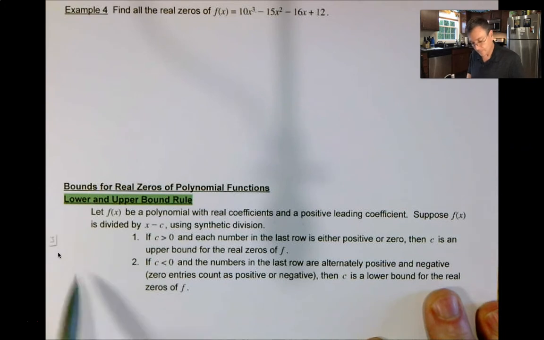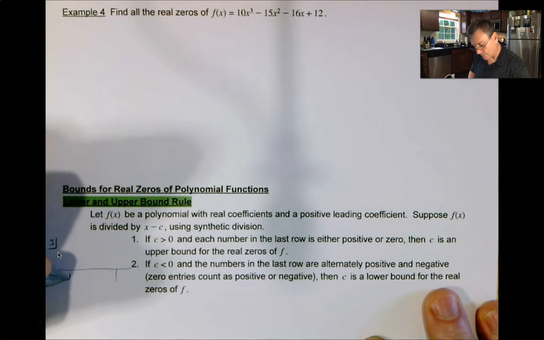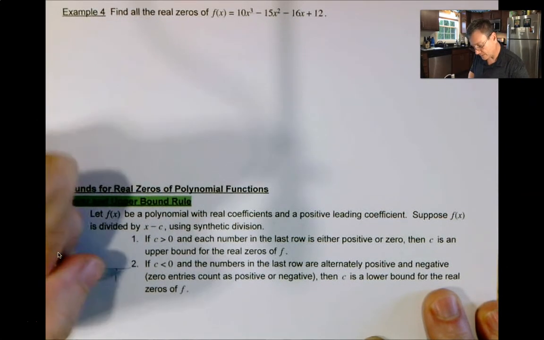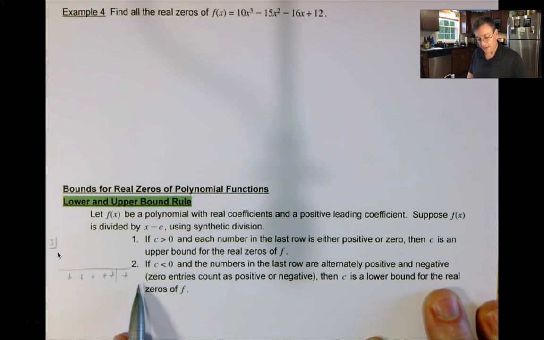It's got to be positive. And it's not a 0, and I end up with all positives, then there are no zeros bigger than 3. So even though 3 wasn't a 0, there's no zeros bigger than 3. So I'm not even going to check them. So if 3 is the smallest positive one on my list of possibilities, I'm going to eliminate all the others. Okay? This would be an upper bound. If any of these weren't positives, 0 doesn't count because 0 would be neutral. If any of these are negative, then 3 is not an upper bound, and I keep looking.